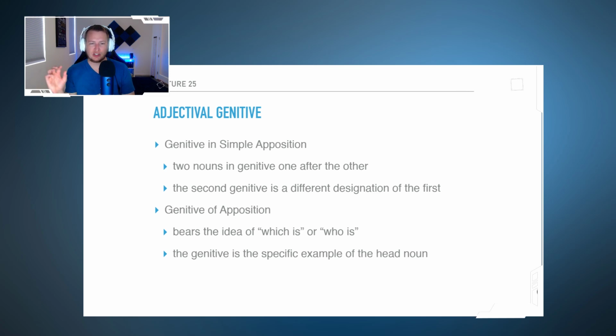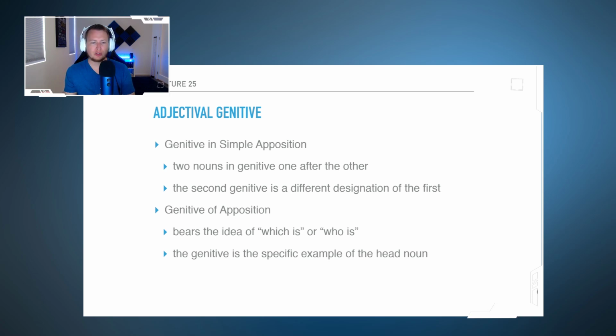Now, there's the genitive in simple apposition, and then there's the genitive of apposition. Genitive of apposition bears the idea of which is, who is. The genitive is the specific example of the head noun. But in this case, it's not a list of two or more.